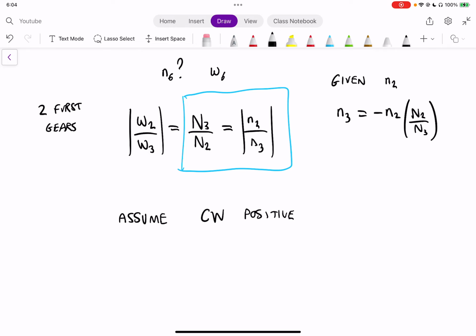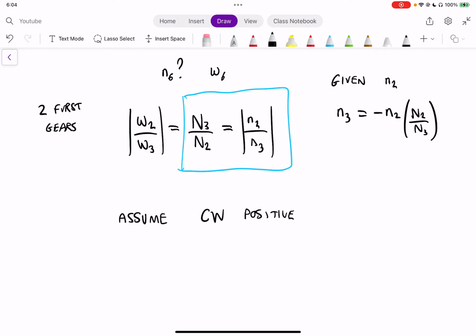Same as before, we just rearrange the equation so that we get n4 isolated as a function of n3 and everything else. We can see how little by little we could bring this in to here, bring in the minus n2 equation, and multiply everything together.